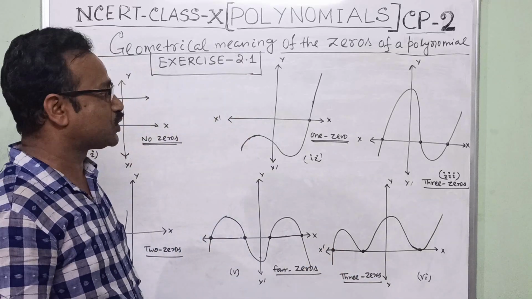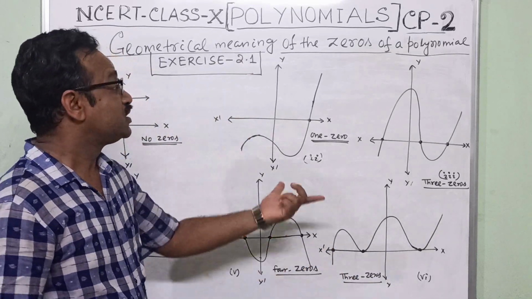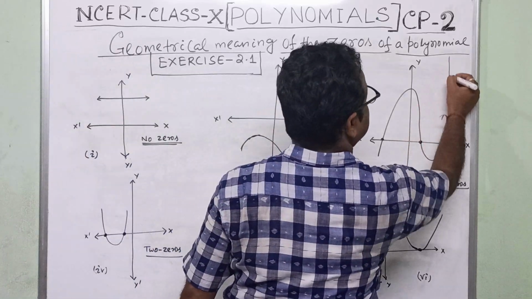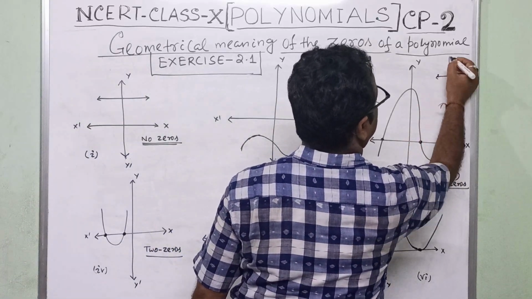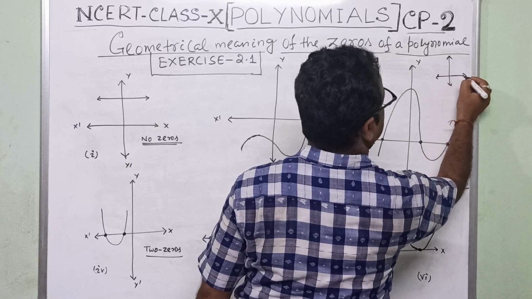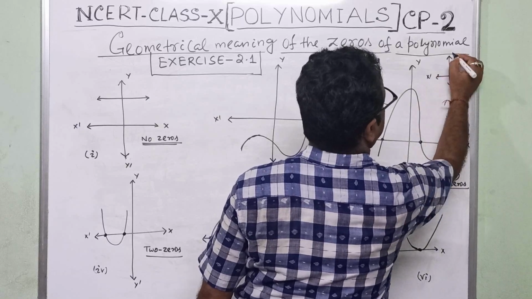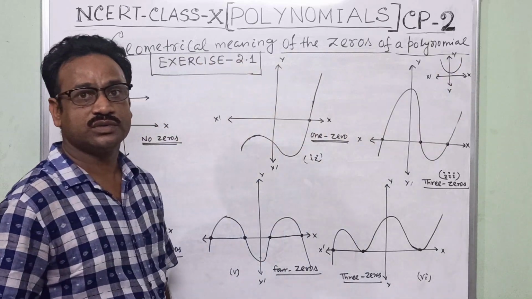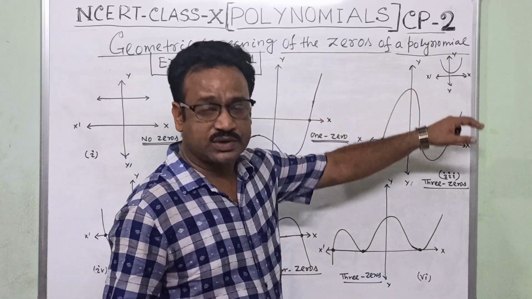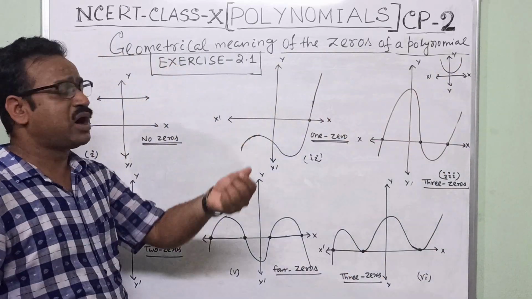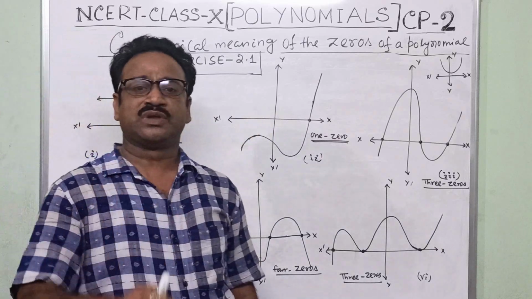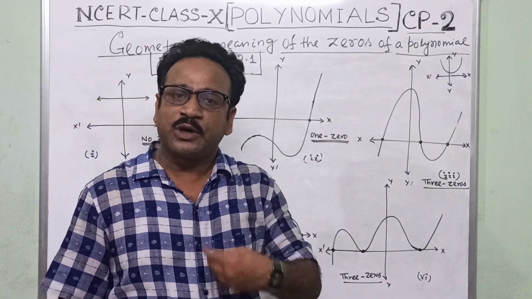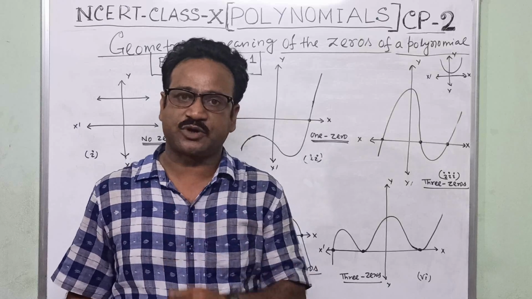But sometimes in a polynomial, suppose the graph is like this, with x, x dash, y, y dash, and your graph is like this, there are no zeros. It is also no zeros. So whatever it may be, now we'll move on to the next part of this chapter, polynomials.